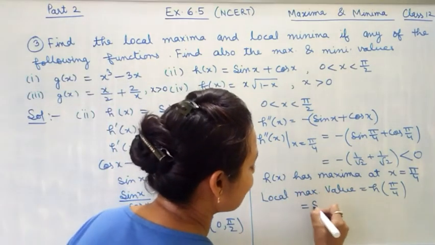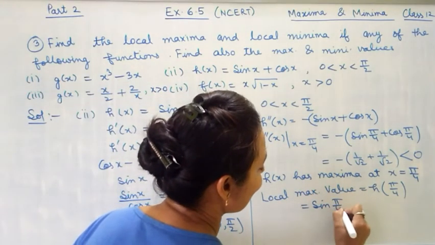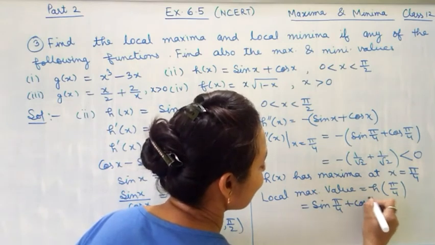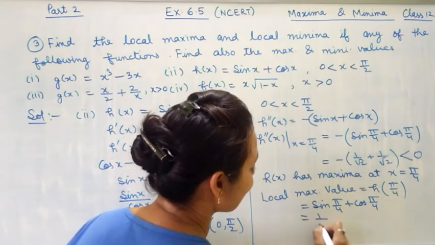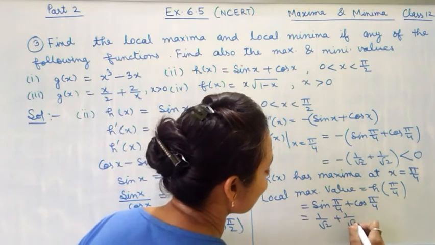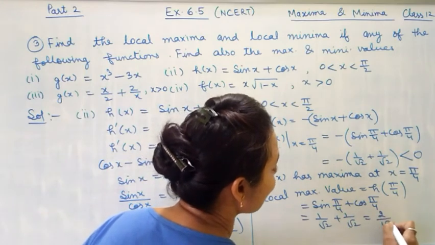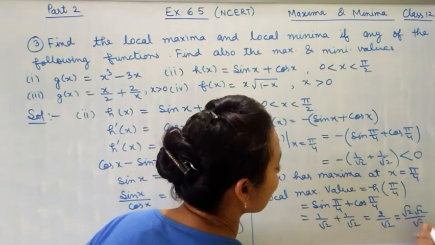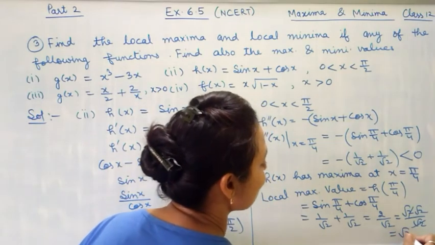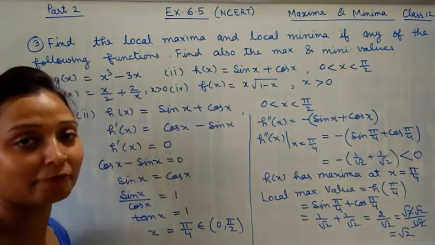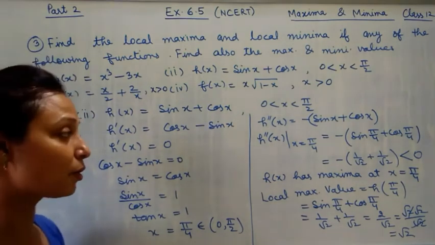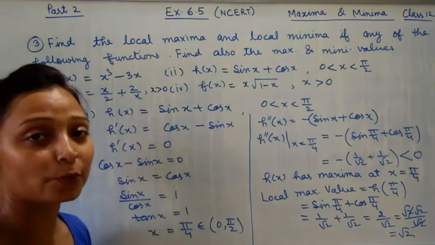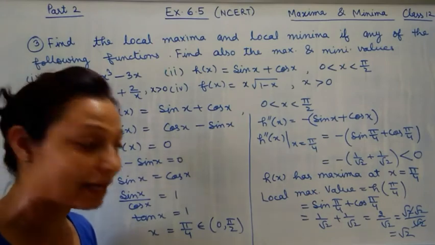That will equal 1 by root 2 plus 1 by root 2, that is 2 upon root 2. If you write 2 as root 2 times root 2, this and this will cancel, and the answer is root 2. So this is the maximum value. A minimum does not exist because there is only one point at which the function is maximum.